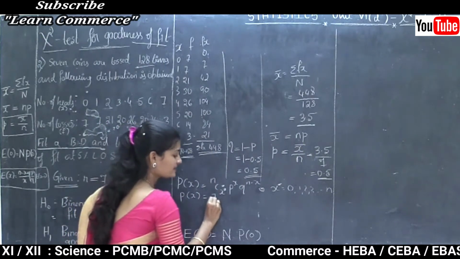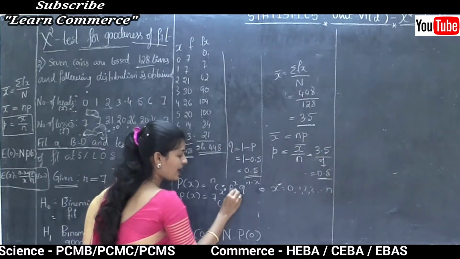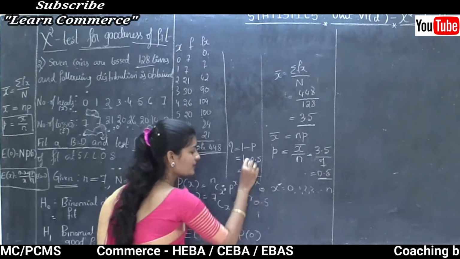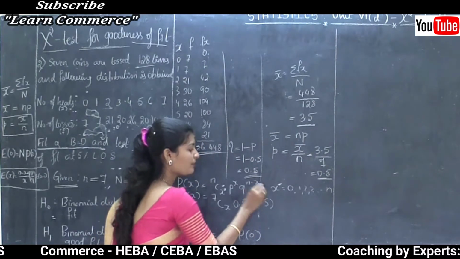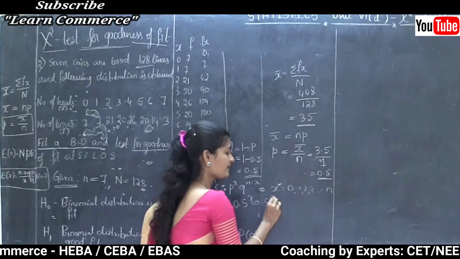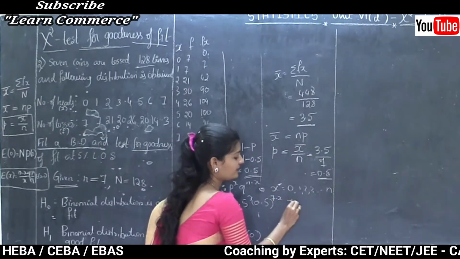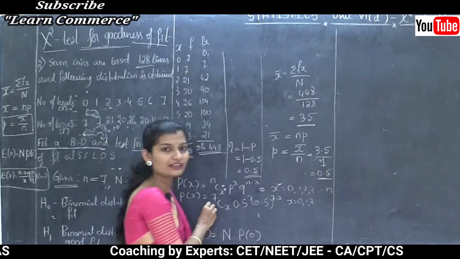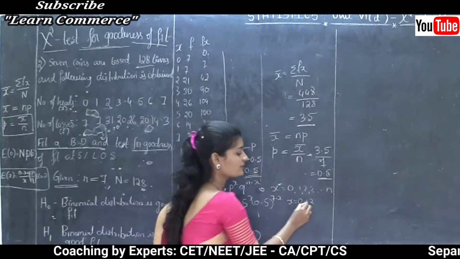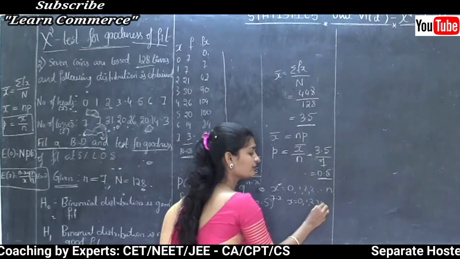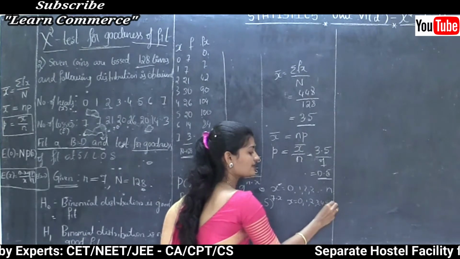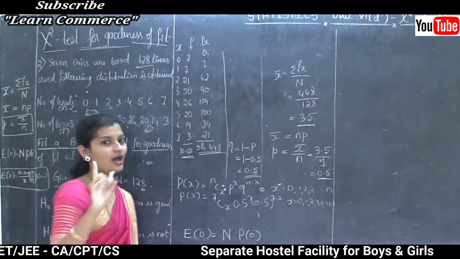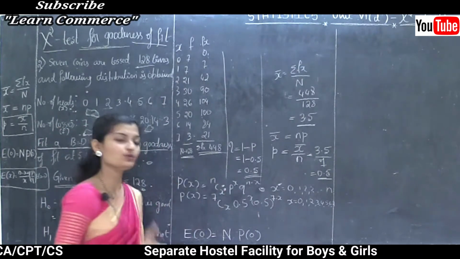So here n is 7, so p of x is 7Cx 0.5 to the power x and q also 0.5 to the power 7 minus x. Here x takes the values 0, 1 up to 7 because the n value is 7, right? Therefore x is 0, 1, 2, 3, 4, 5, 6 and 7. I hope you understood why x goes up to 7.